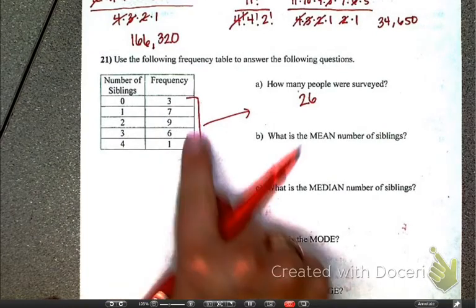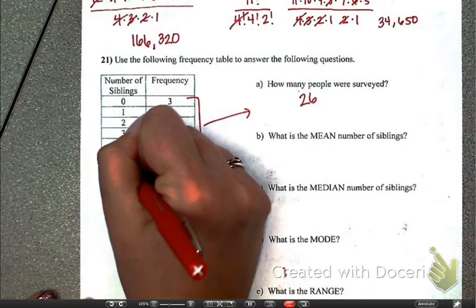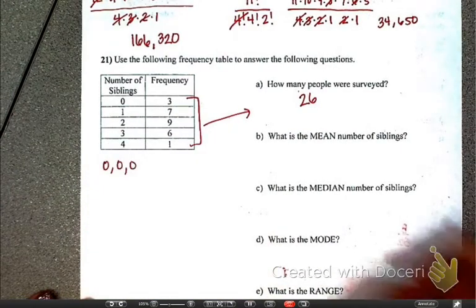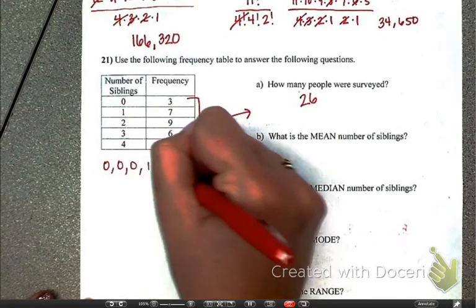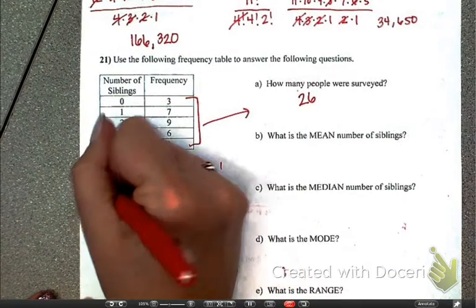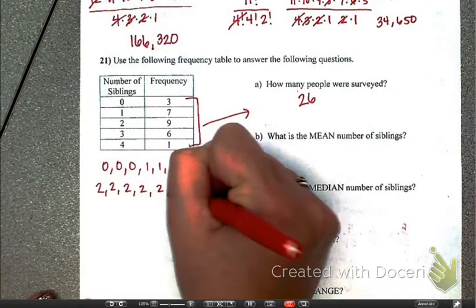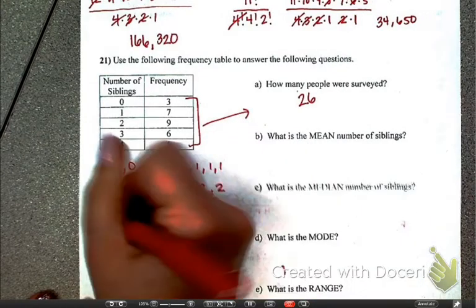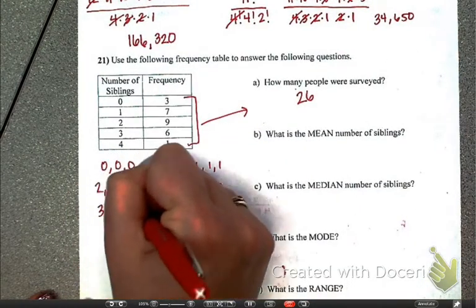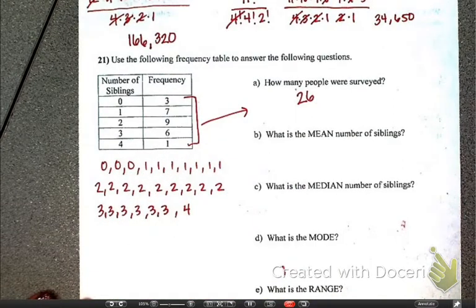So this table says that 3 people have 0 siblings. 7 people have 1 sibling. 9 people have 2 siblings. 6 people have 3 siblings, and 1 person has 4 siblings. Some of you don't need to write it out and can use the chart, and that's fine.